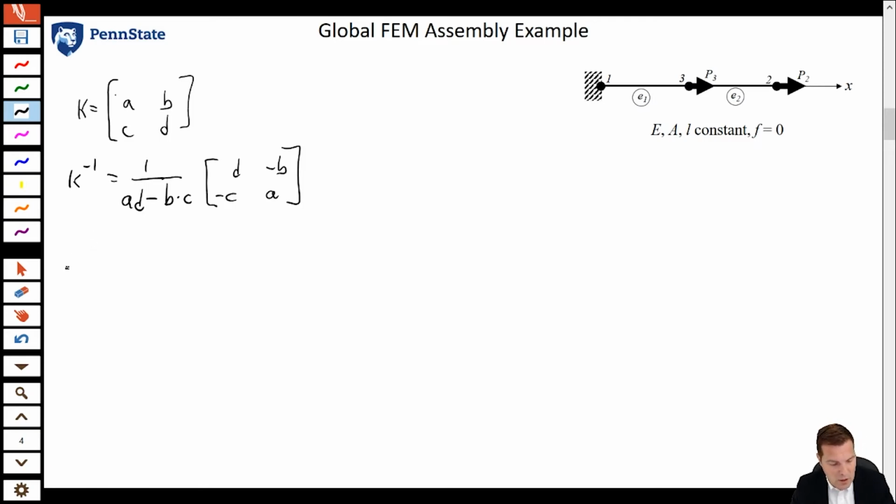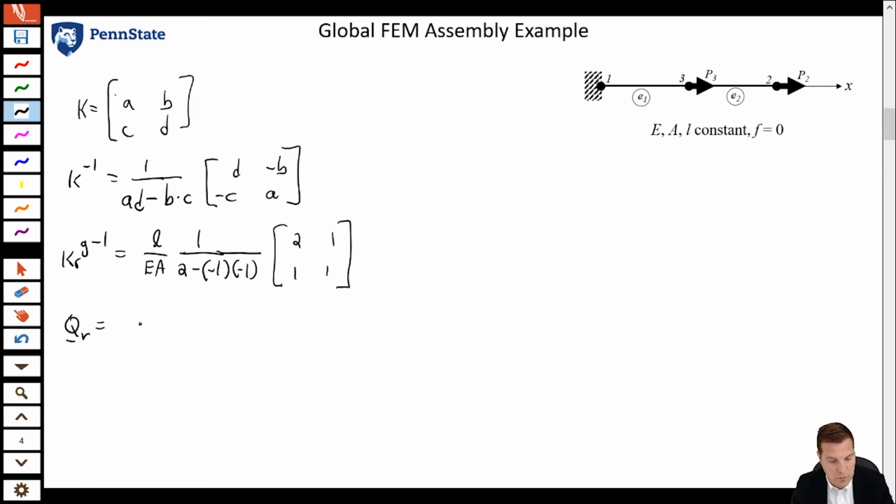So in our case, our K_RG inverse is going to be equal to L over EA, 1 over 2 minus negative 1 times negative 1, and we'll have 2, 1, 1, 1. Okay, so we can put that into our equation.